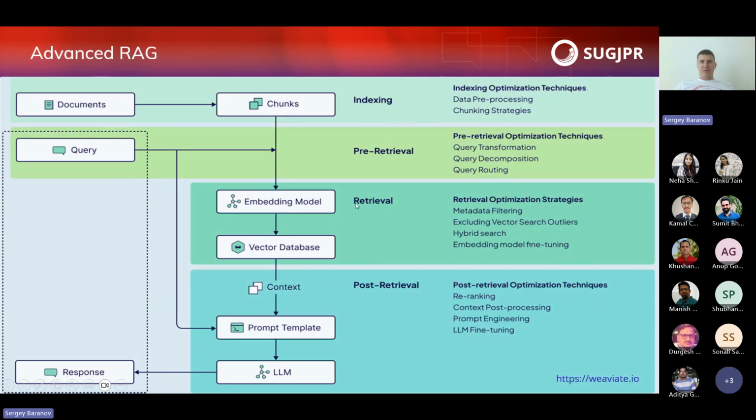So the next point is retrieval. And frankly speaking, it's a responsibility of the vector store. And our job is just to choose the correct vector store. The most important thing is support for hybrid search, when the search is not only by semantic meaning, but also a combination of vector search and text search.